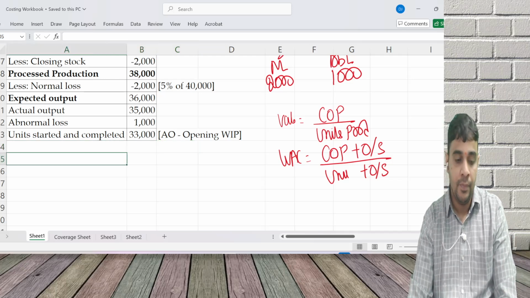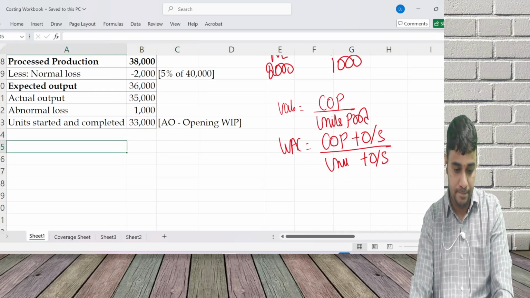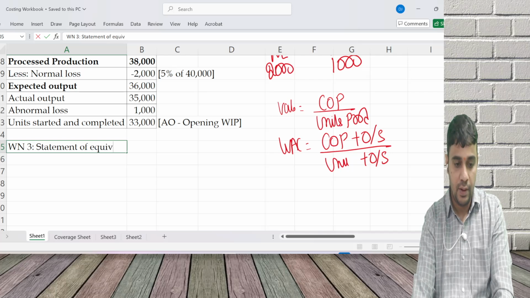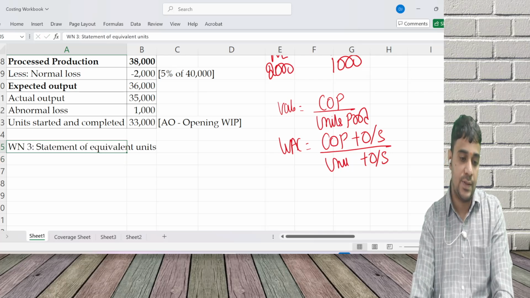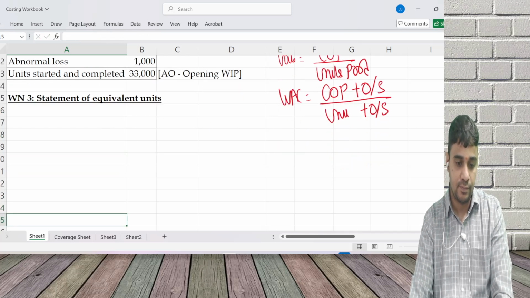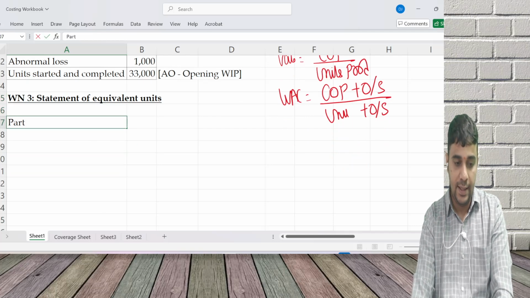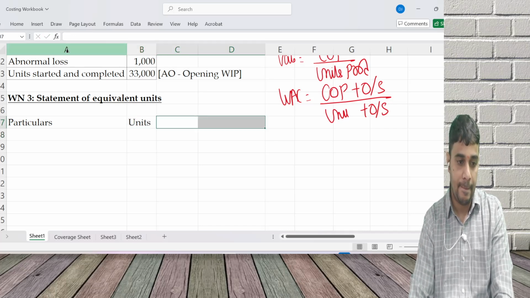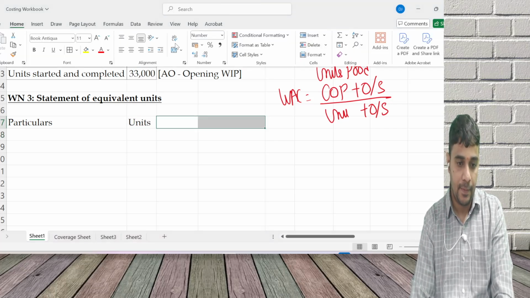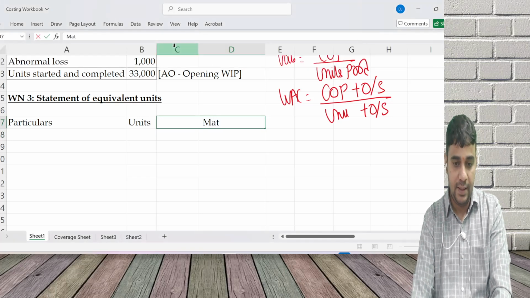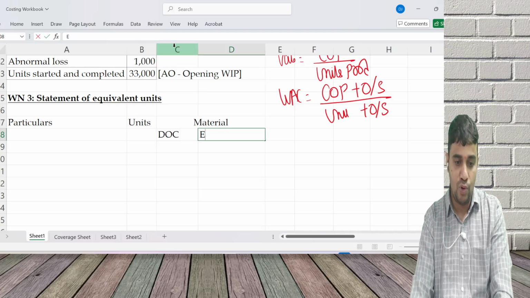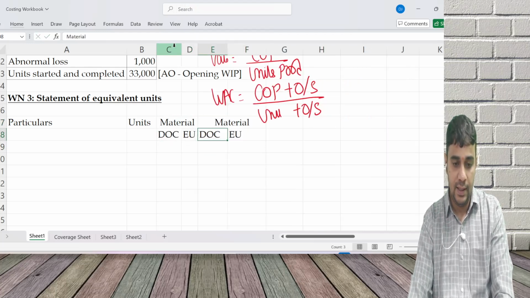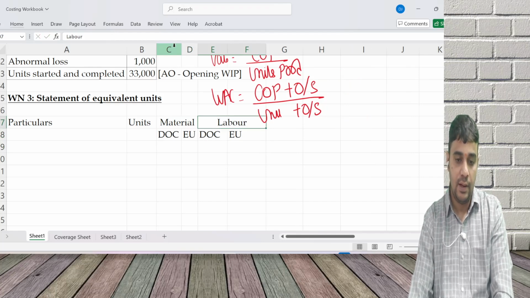Done? Come down. Working note 3. Statement of equivalent units. 8 columns. Particulars, units, material degree of completion, equivalent units, labor degree of completion, equivalent units, and overheads degree of completion and equivalent units.